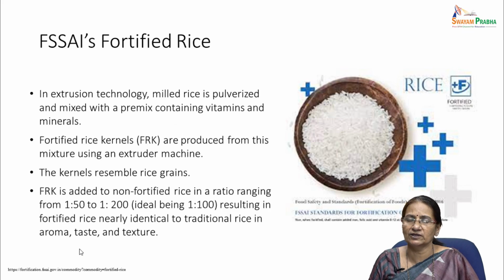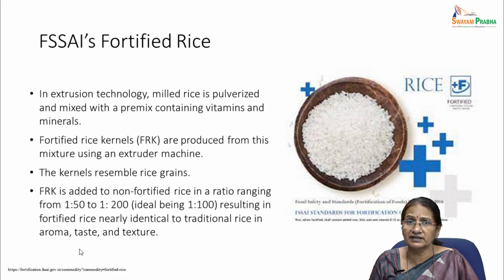In extrusion technology, milled rice is pulverized and mixed with a premix containing vitamins and minerals. Fortified rice kernels, that is FRK, are produced from this mixture using an extruder machine. The kernels resemble rice grains.